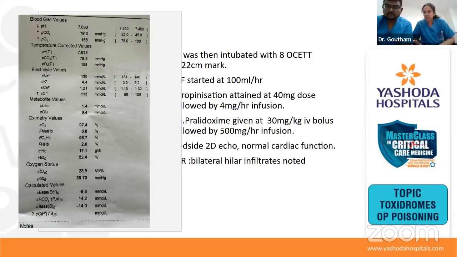No, sorry, let me put the question another way. My question was wrong. Organochloride versus organophosphorus, which one will you use pralidoxime and atropine for? It can be organochloride also, right? Not everything is organophosphorus.